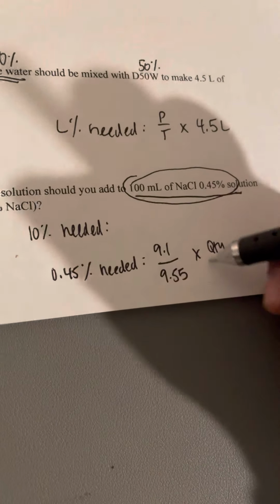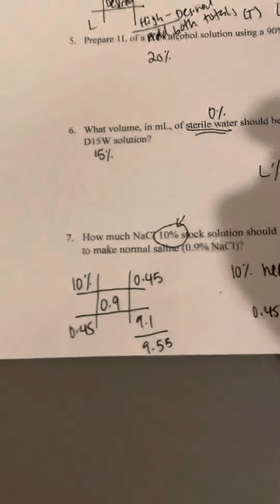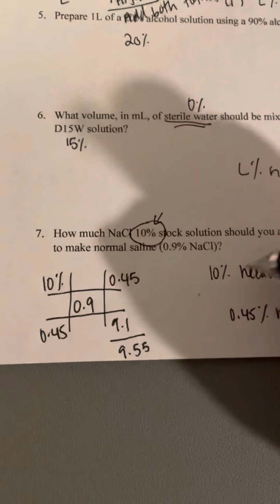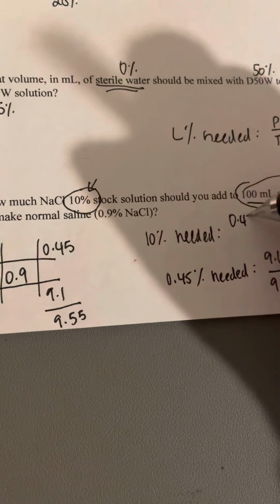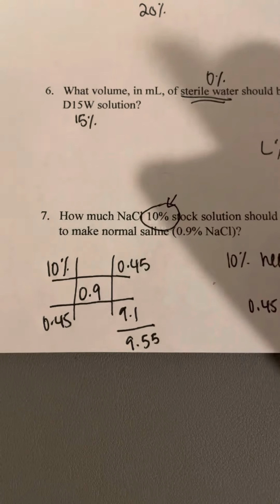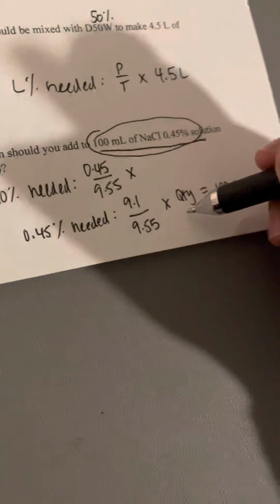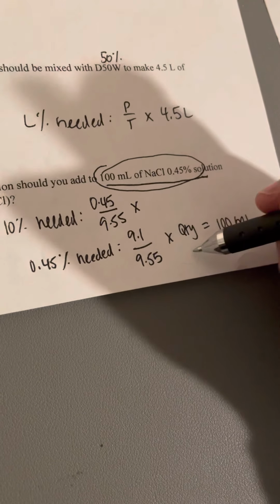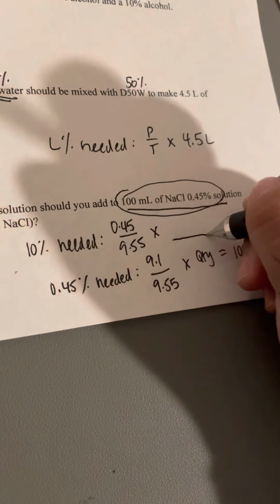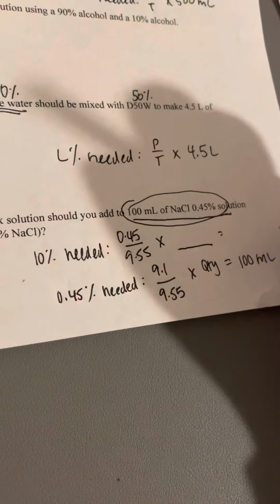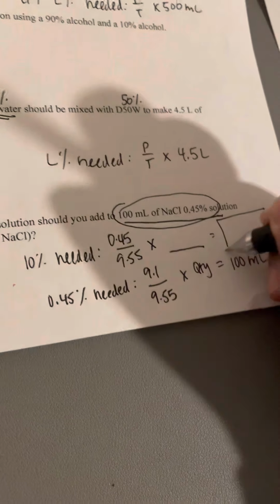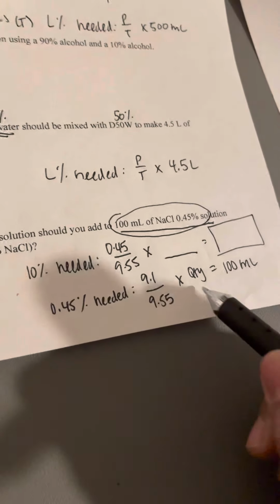And then once you find out this quantity, you're going to set up the fraction the same for the 10% now. So we're going to put 0.45 divided by 9.55, and you're going to multiply it by whatever you found this to be. You put that value here, and then whatever answer you get here is going to be your answer. So remember to solve for this unknown.